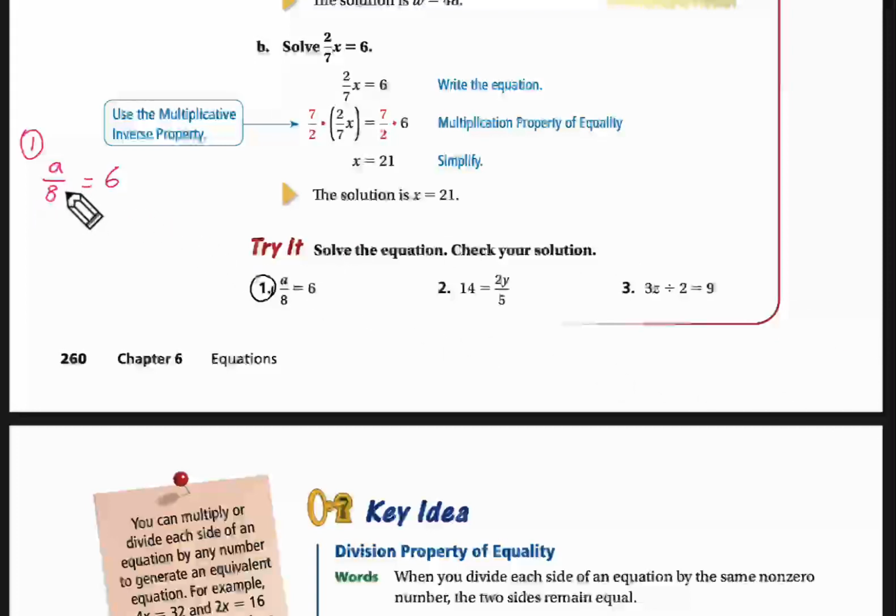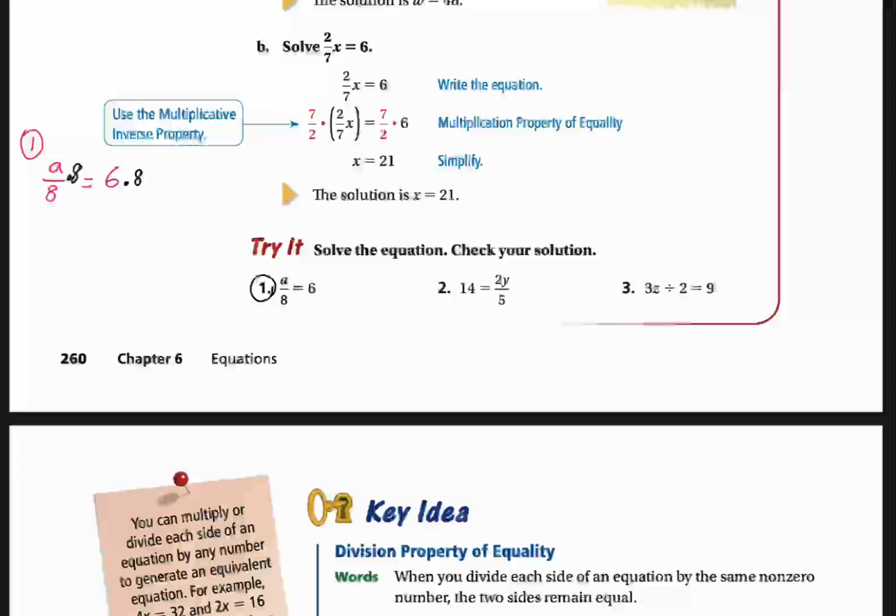First, this is divided by 8, so we want to remove this 8. The opposite of division, the inverse operation of division, is multiplication. So we should multiply by 8. And don't forget to multiply the other side also.